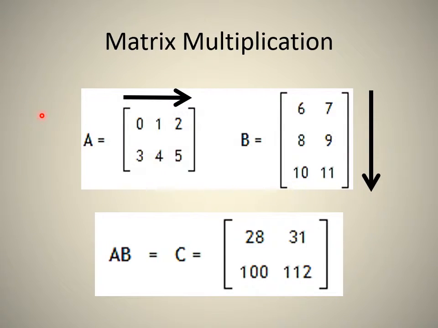So just the rule: you start off with the first row and the first column, then the first row, second column, second row, first column, second row, second column. Obviously, if you had 3 rows and 3 columns, you would simply continue in the same vein.